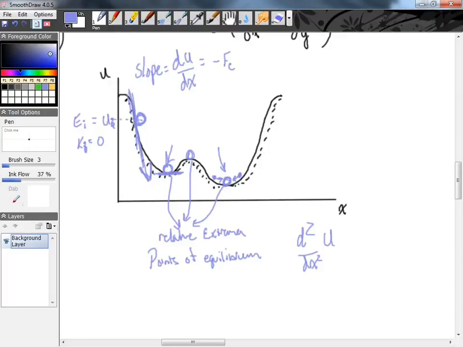Okay, if our second derivative, gentlemen, is greater than 0, then we have what's called a stable equilibrium. This is a ginormous concept in the entirety of the physical world.